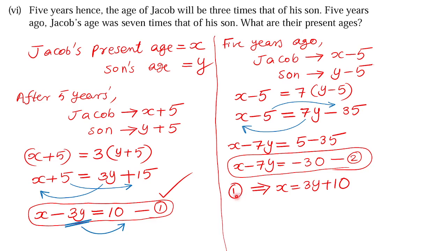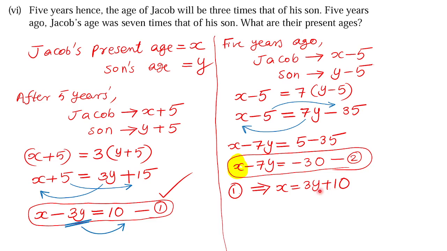For substitution method, you have to select one equation, rearrange it, and write it as either x equal to or y equal to. I got the value of x, which is 3y plus 10. Now I am going to substitute the value of x in the other equation. What is x? X is 3y plus 10, correct?